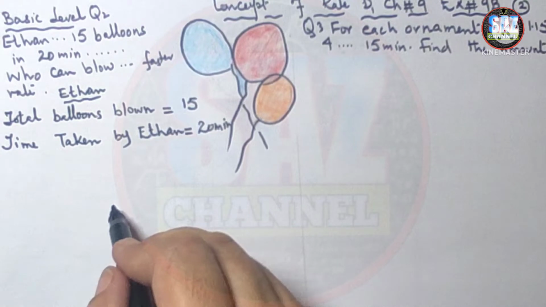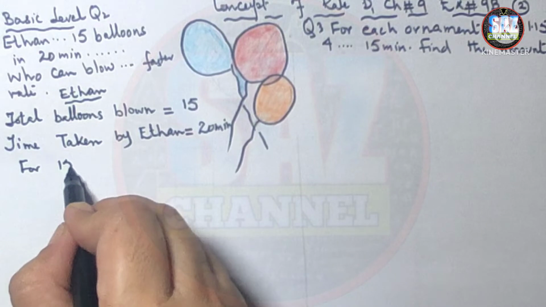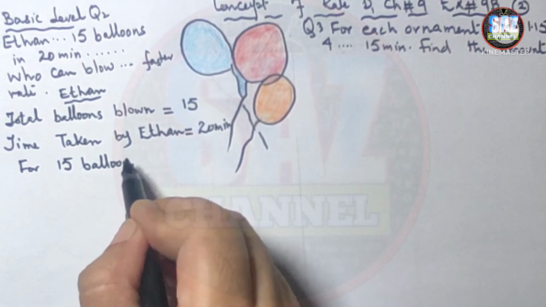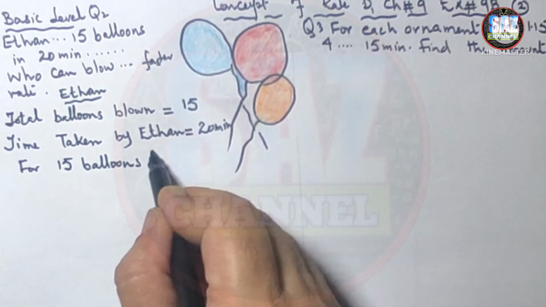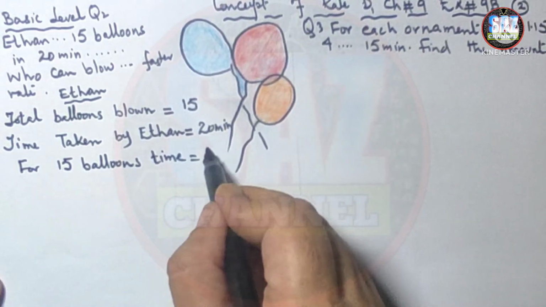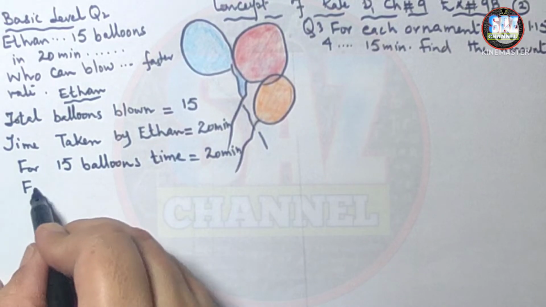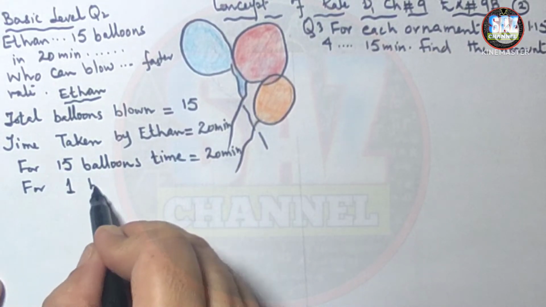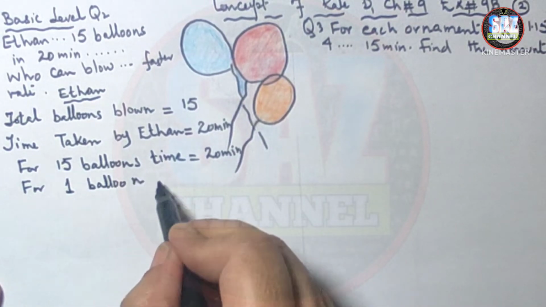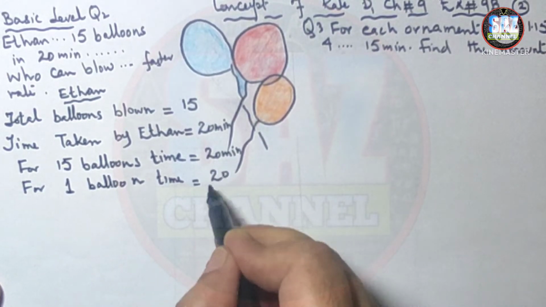For 15 balloons, time is 20 minutes. For one balloon, time is 20 by 15.